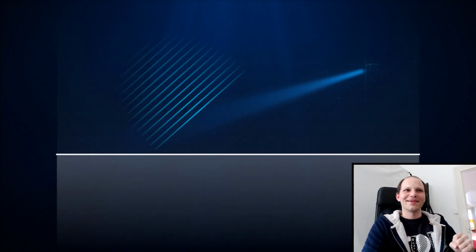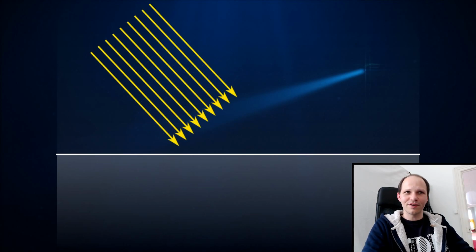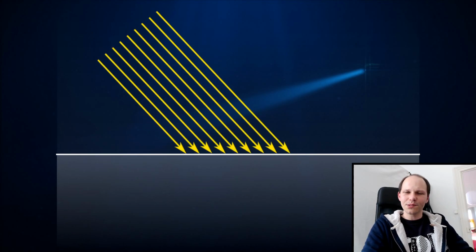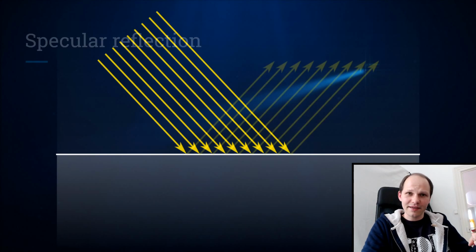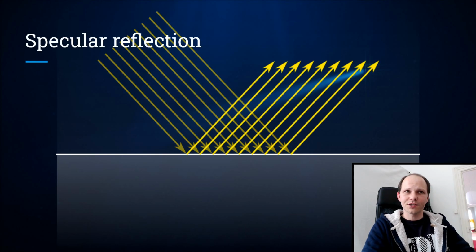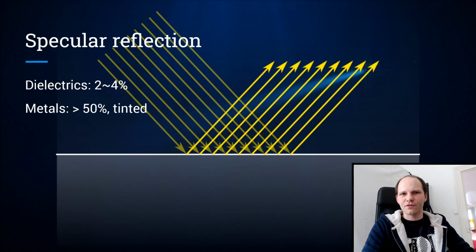So let's recap and see how we can model all of this. We have waves of light traveling through a medium. Actually, no, let's simplify that already. We have rays of light traveling in a medium. And when they reach the surface, some of them will get reflected, and we call that the specular reflection. For most materials, there is little reflection, like just a few percent, and it's mostly independent from the wavelengths, so the color of the reflected light is the same color as the incoming light.